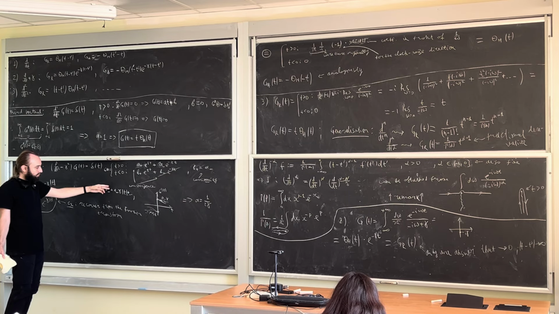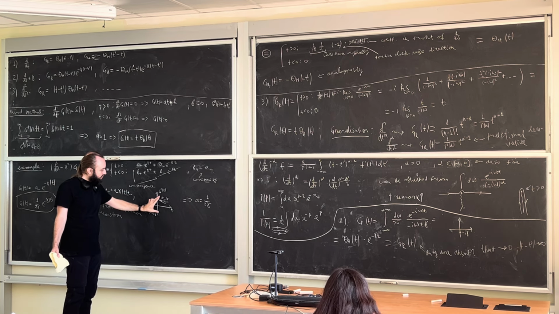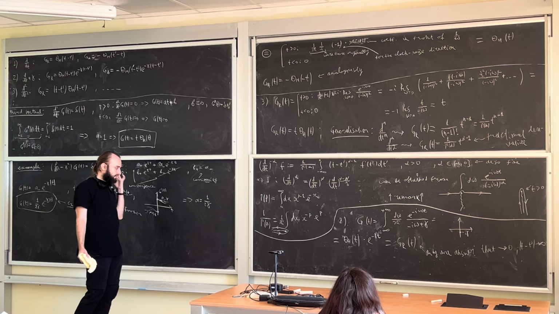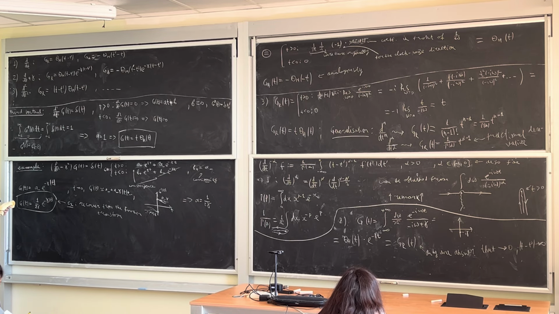So now we compare this discontinuity, which equals 2A minus gamma, with 1. It gives A equals 1 over 2 gamma. So is it fine?